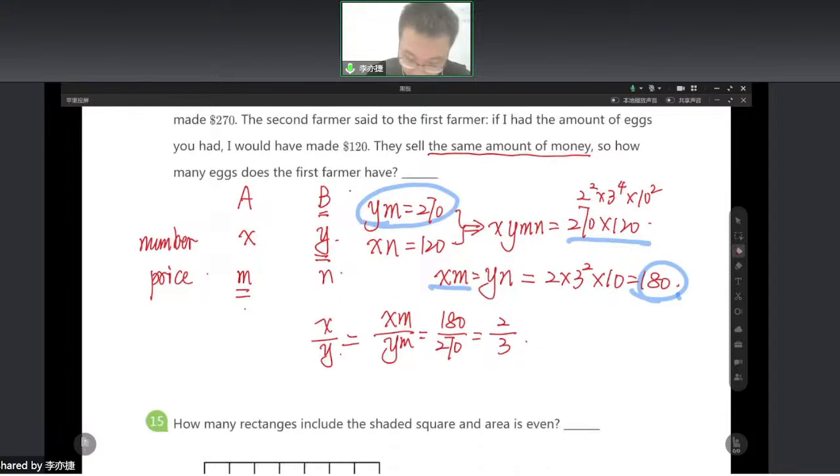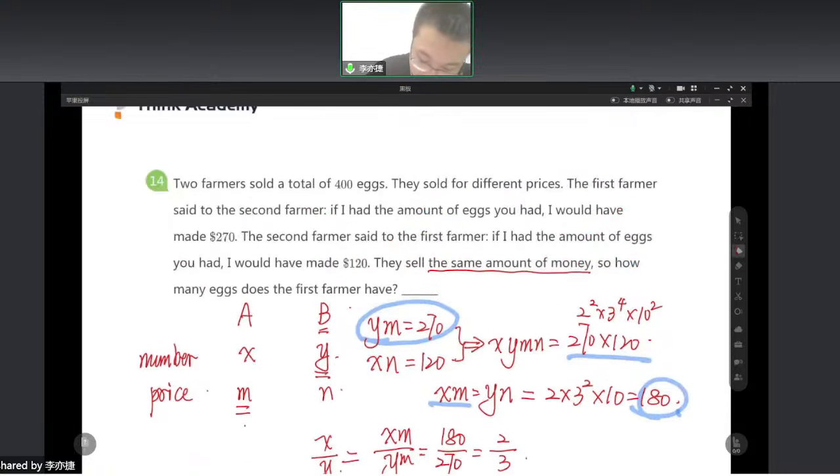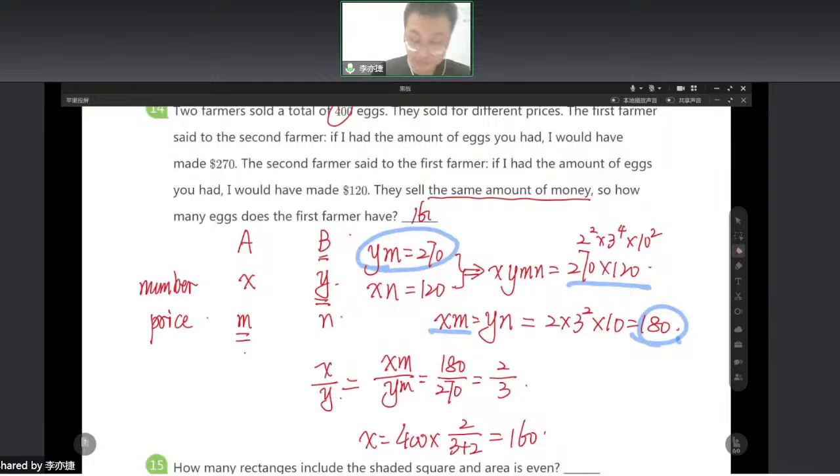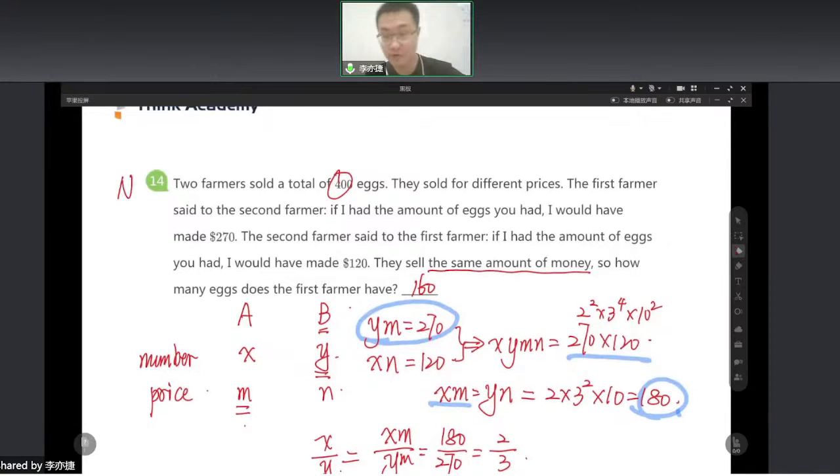Then the sum of them, 3u and 2u, is 400 here, right? So x will equal 400 times 2 over 3 plus 2. So this is what? 160? Yeah, 160. So how should I put this one? A normal one. Yeah, a normal one maybe. Right, I treat it as a normal one.